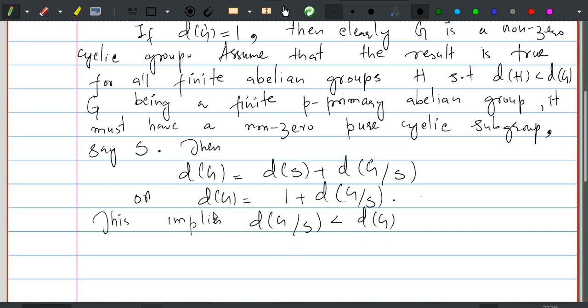Therefore by induction hypothesis the result is true for G/S as well.